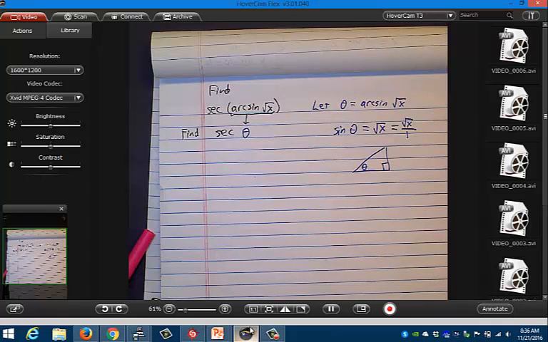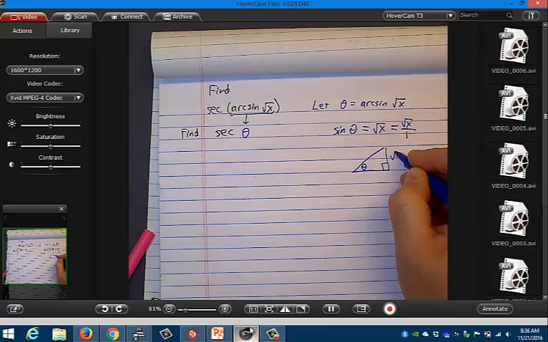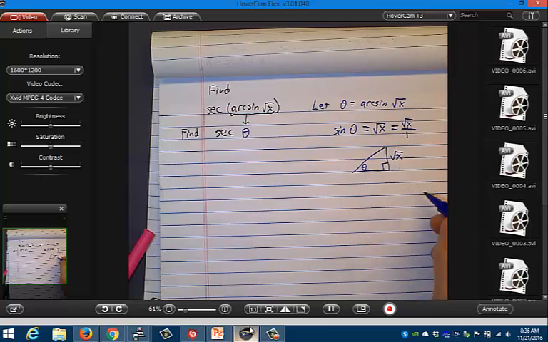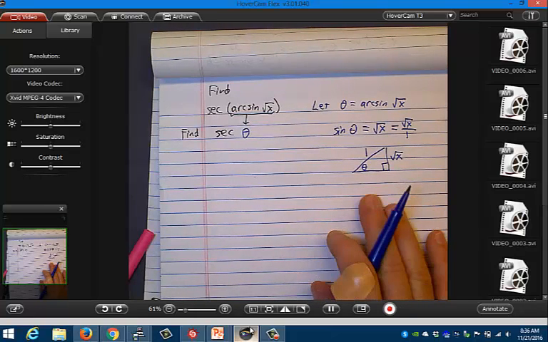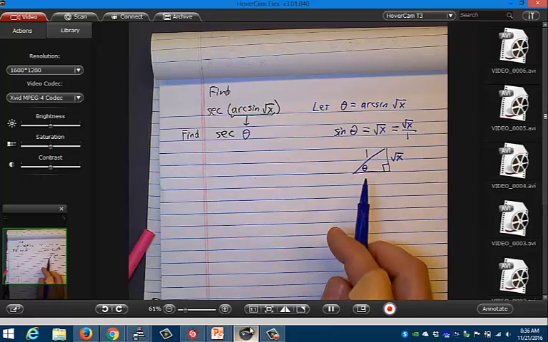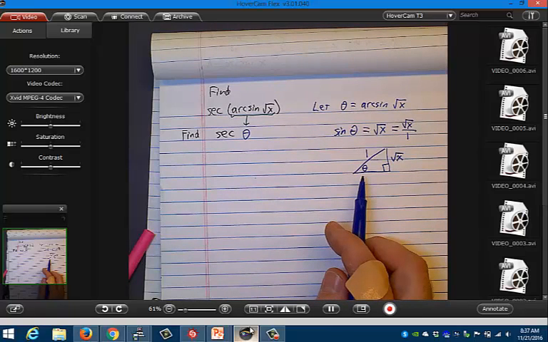And so if I tell you that the sine of theta is the square root of x over 1, what does that look like on the right triangle? Yeah. This is square root of x from my SOHCAHTOA days, right? And where's the 1 go? Right there, hypotenuse, because it's opposite over hypotenuse. So really, theta is very simply the angle in that picture. Does that make sense?